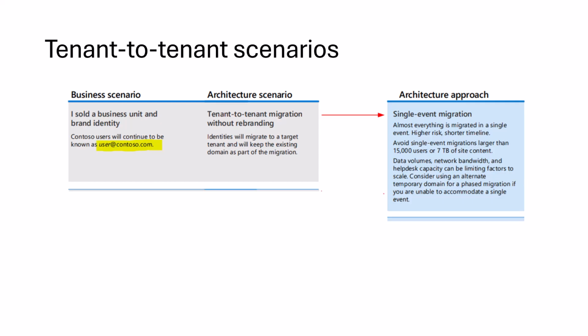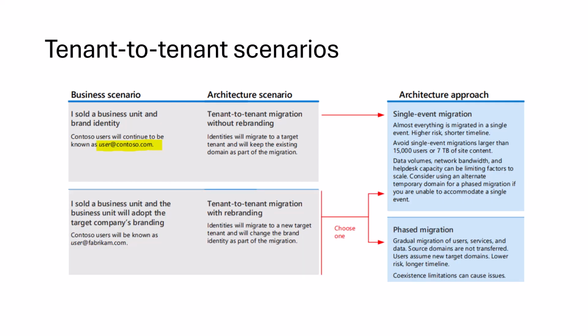We need to plan for it to happen in a cutover process in a single event. And thereby we also need to take into consideration in the planning that we need to move all the users in such a scenario. Again, because the domain can only exist in one tenant at a time.